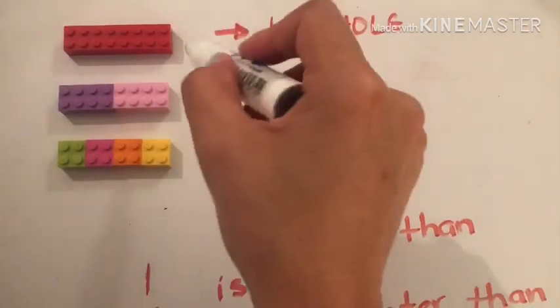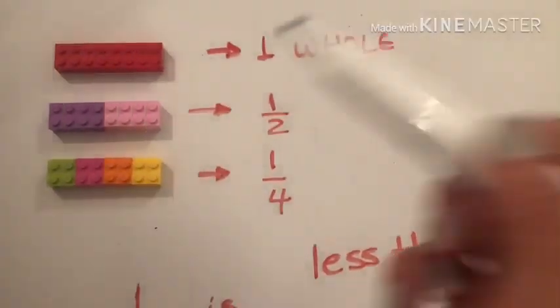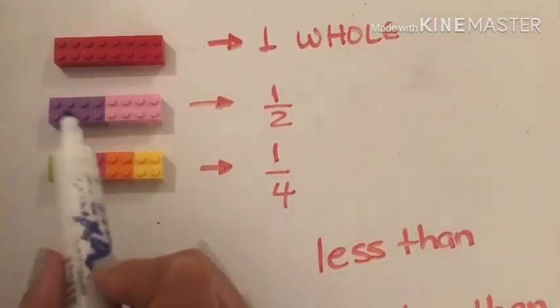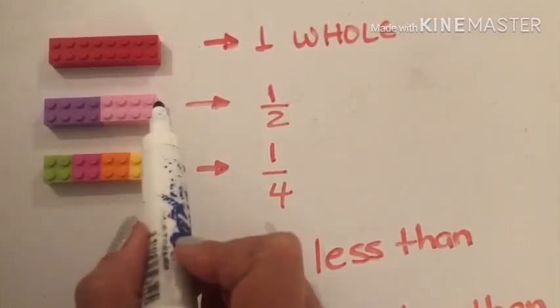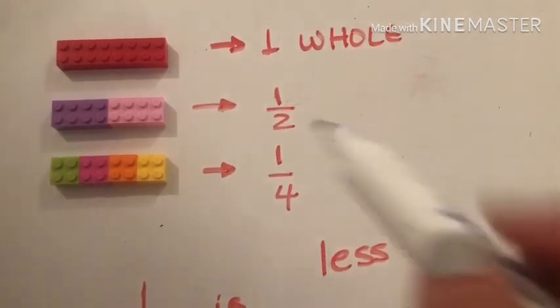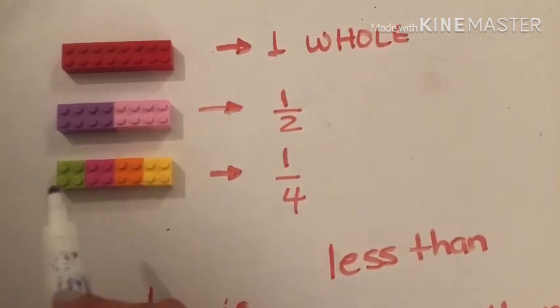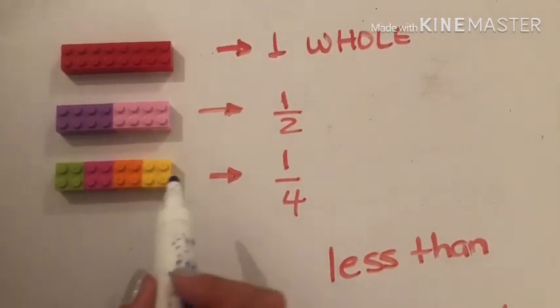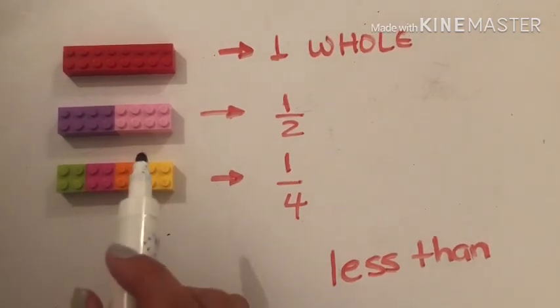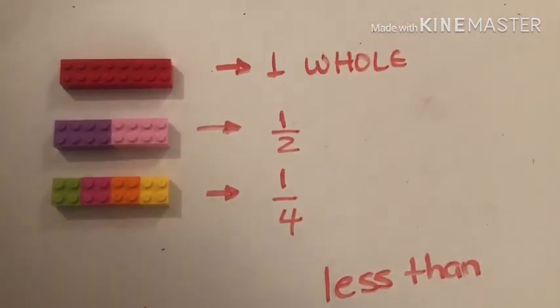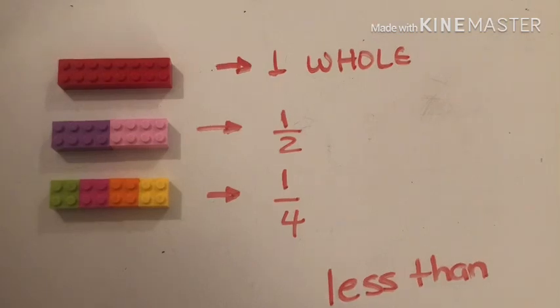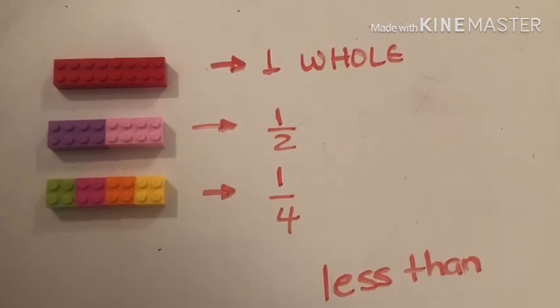My red piece of Lego represents one whole because it hasn't been cut. My second two pieces of Legos represent 1/2 each. And in the third representation, I have 4 pieces, and each piece represents 1/4. Right now, what I want you to do with me is we're going to compare.